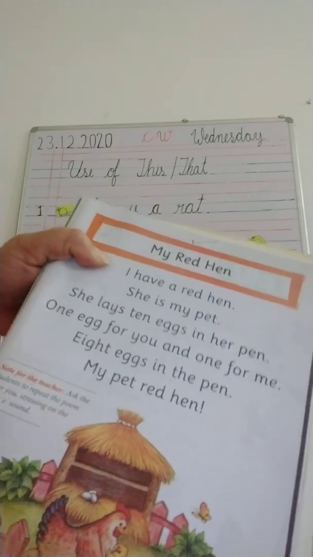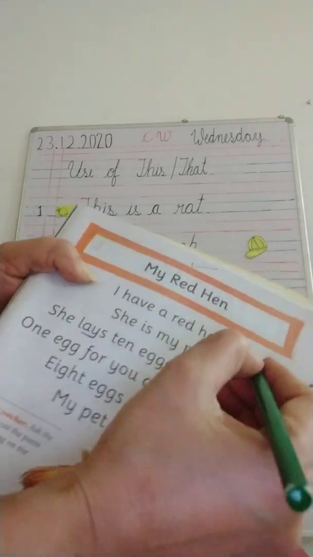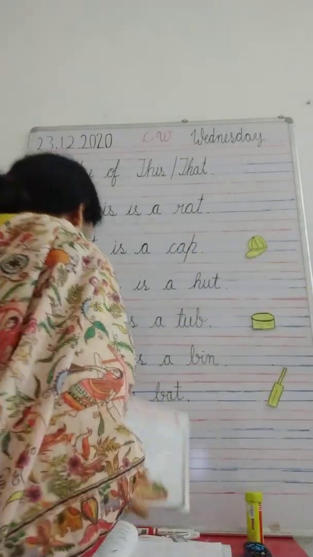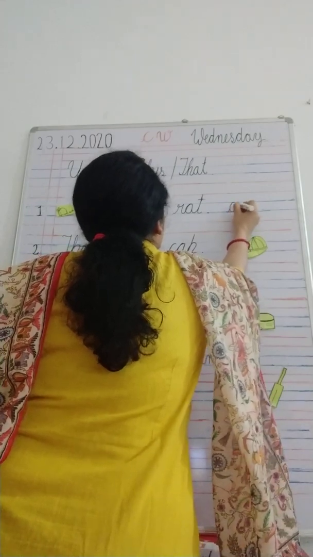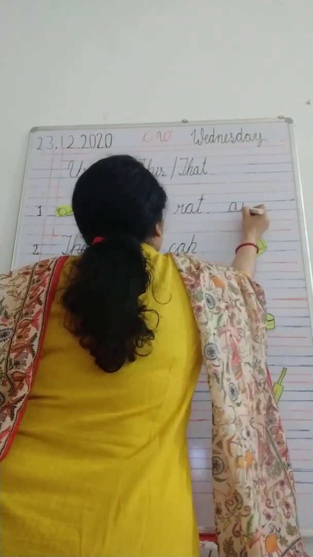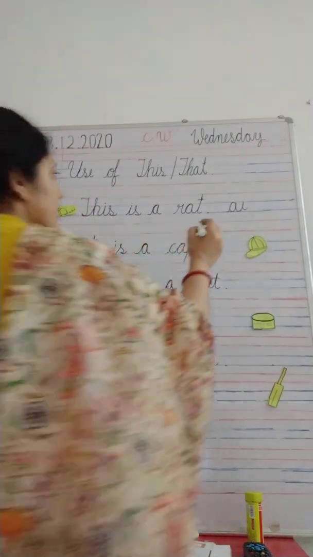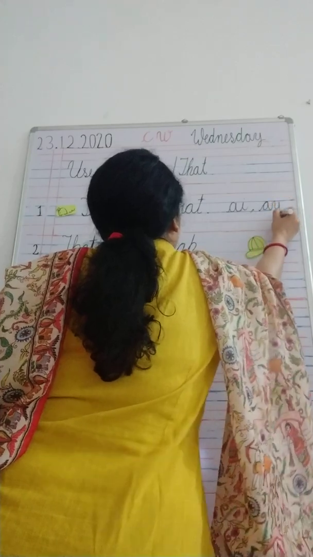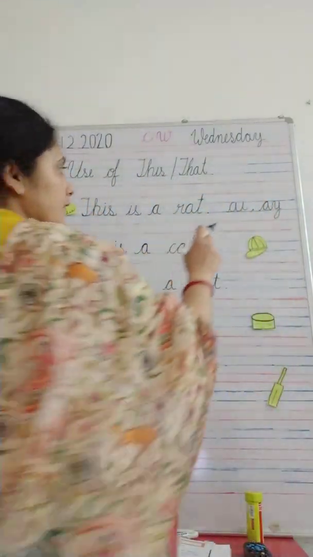She lays. Babies, AY gives us A sound. Just like, see here, A and I, they also give us A sound. And A and Y also give us A sound. Now why is it giving us an A sound?